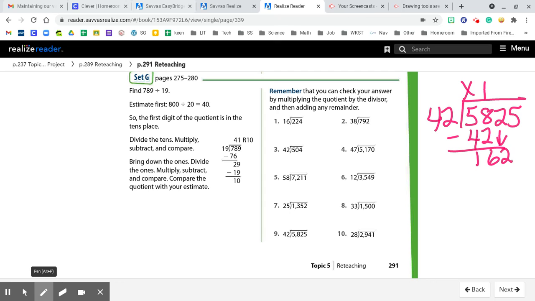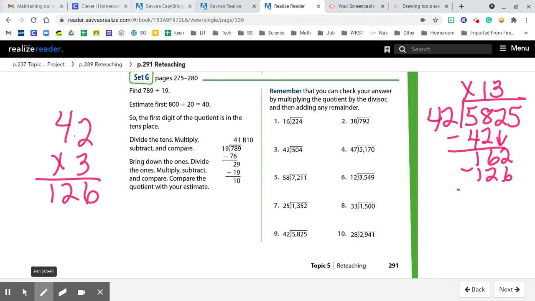So I'm going to say 3 times. So we'll do 42 times 3. It's 126.